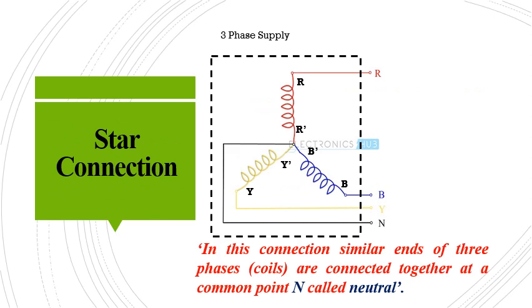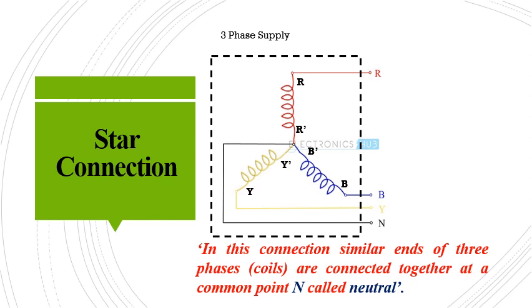First one is the star connection. So in star connection, the three windings or the three coils are connected in such a way that the similar ends are connected together.